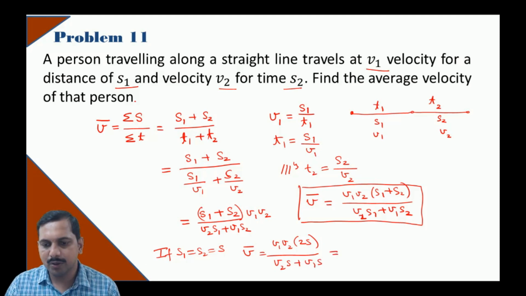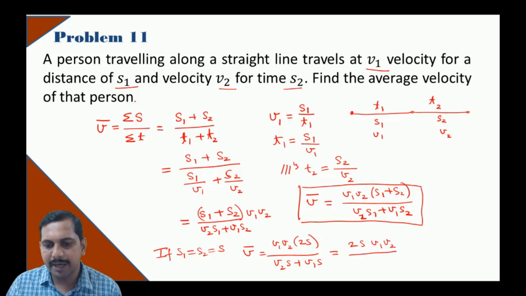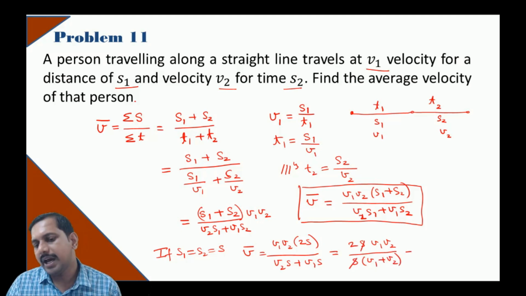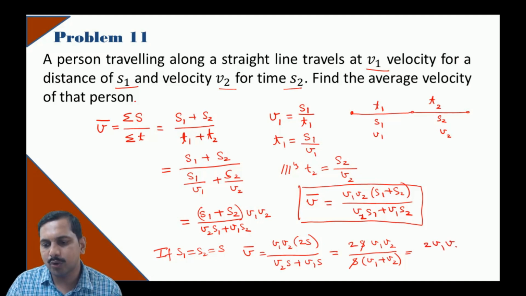This can be written as 2s into v1 v2 divided by s, taking s outside the bracket. Inside you will have v1 plus v2, and s can be cancelled, and you will get 2 times v1 v2 divided by v1 plus v2.